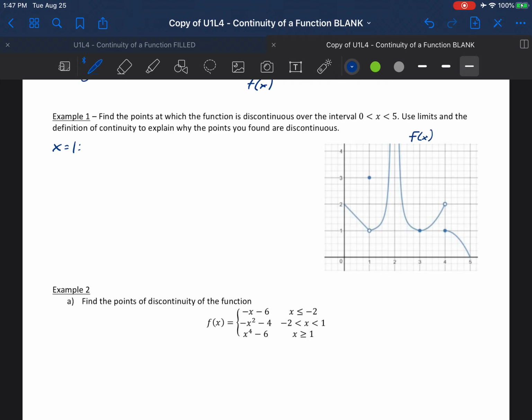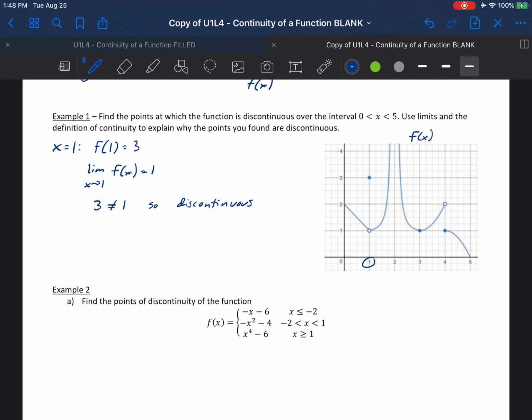So f of 1 is equal to 3. The limit as x approaches 1 of f of x is equal to 1, but 3 is not equal to 1, so it's discontinuous. Okay, so this is 1 point.